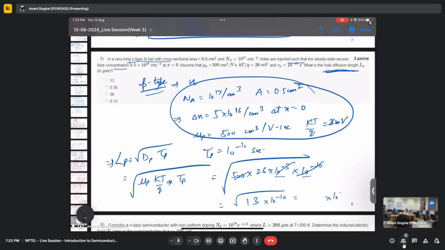So this is 10 raised to minus 5 and root 30 into 10 raised to minus 5 centimeter. What is the square root of 13? I need to check. Okay, so we have 3.6 into 10 raised to minus 5 centimeter, or we can say 0.36 into 10 raised to 4, that is micrometer. So we have the diffusion length as 0.36 micrometers. So option B is the correct answer.